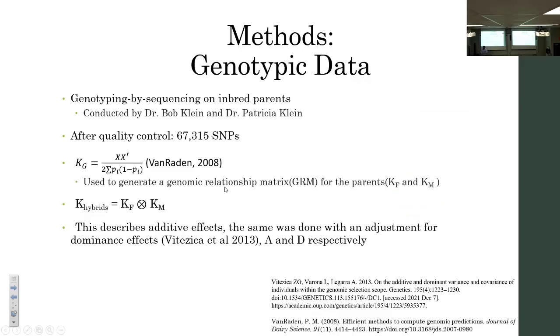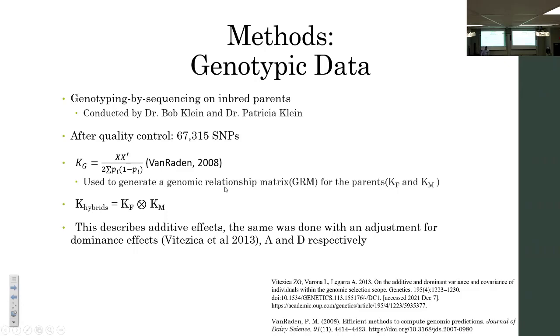Genotype data, or GBS, genotyping by sequencing, was done on the inbred parents. After quality control, we had around 67,000 SNPs for use. Those were used to calculate genomic relationship matrices, GRM, following procedures described by VanRaden for the females and the males.